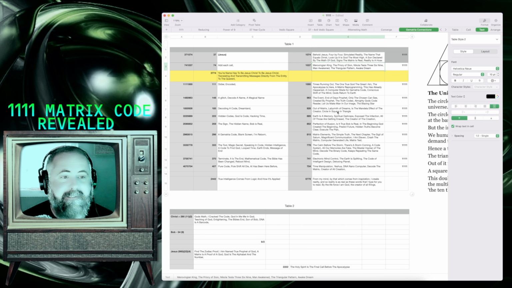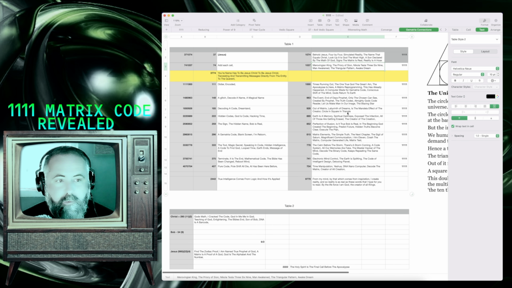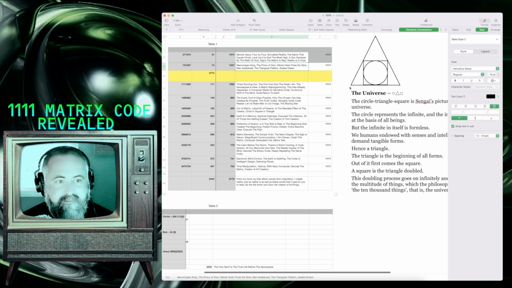So, all right, then this last one, circle and square in triangle. This one's interesting because there's a TV show on Netflix right now called Squid Game, which prominently features those symbols, the circle, the square, and the triangle. Now, the way it's written, circle in square in triangle, would give us a symbol like this.